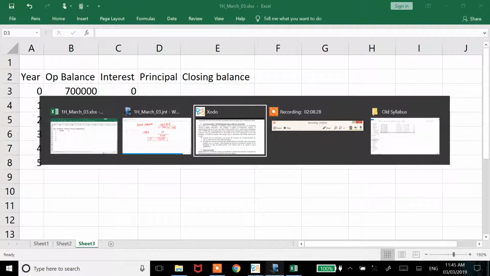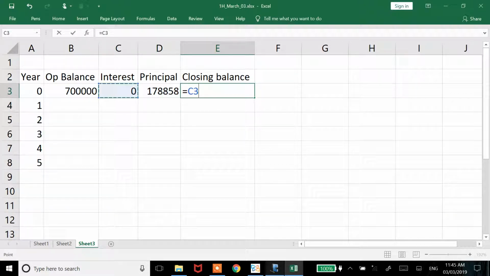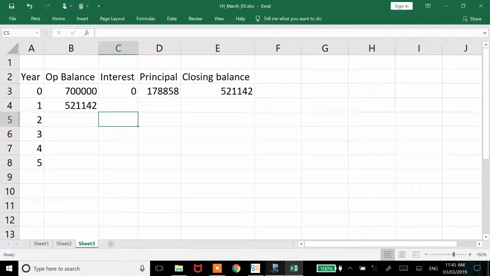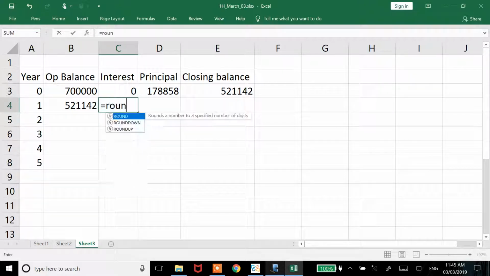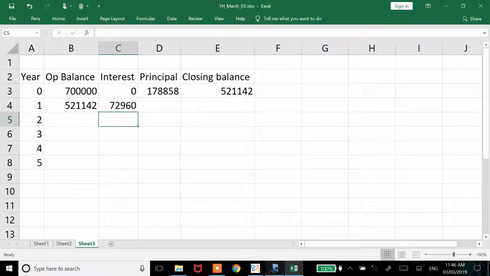Year 0 is basically a single day, and immediately you pay 178,858. My closing balance is opening plus interest minus principal. Next year, this is the opening balance. You charge an interest at the rate of 14%. Tax benefit is something which I get later on. Interest will be charged at 14% only.